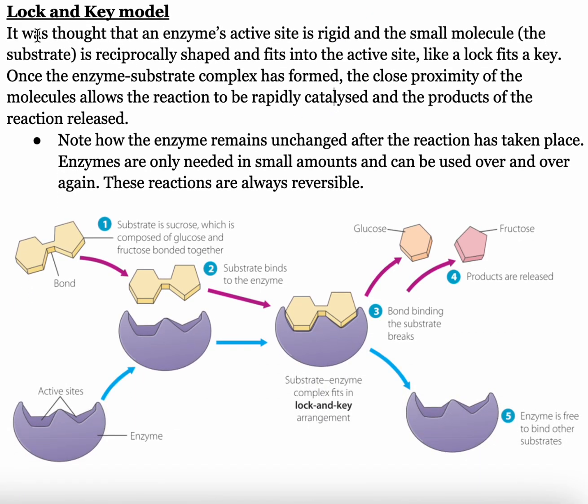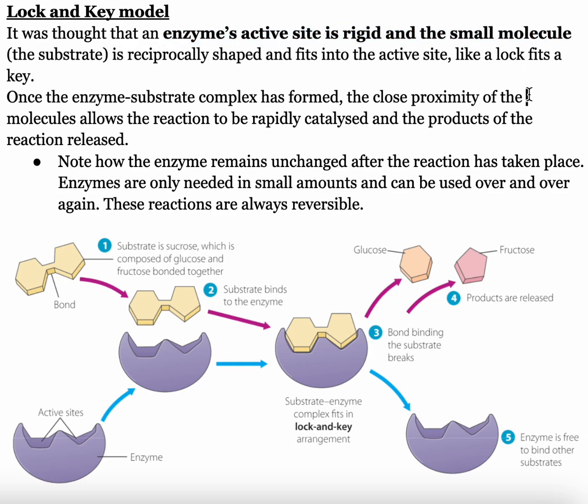Lock and key model. It was originally thought that the enzyme's active site was rigid and a small molecule's shape fits into the active site, like how a key fits into a lock.